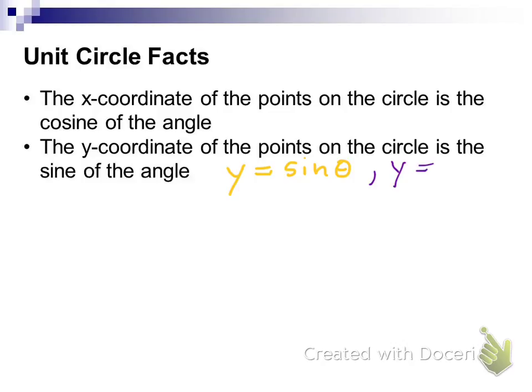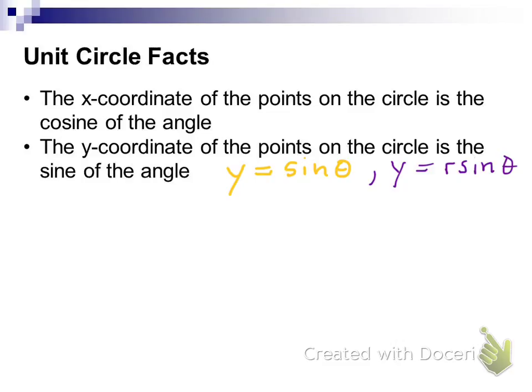All these, y is equal to r, whatever the radius of the circle is, times the sine of theta. Those of you who are taking physics now, you see this a lot when you're doing your forces and things like that. This comes from the unit circle, or that's one way to show it. It's not the only way to show it.